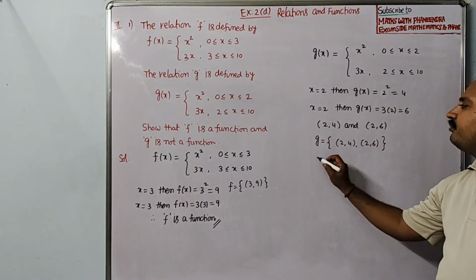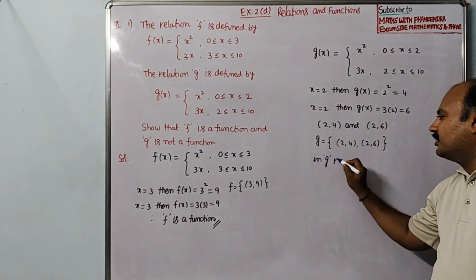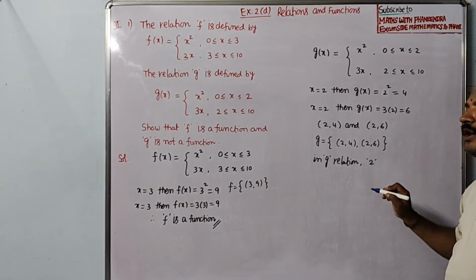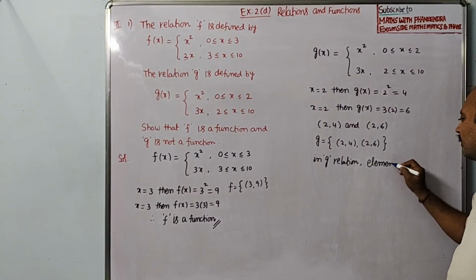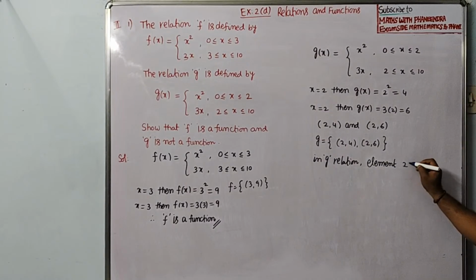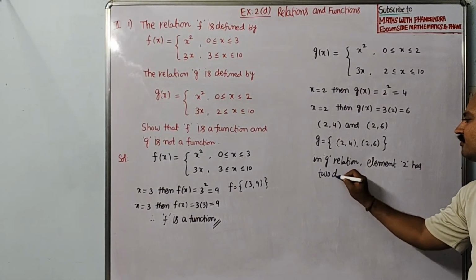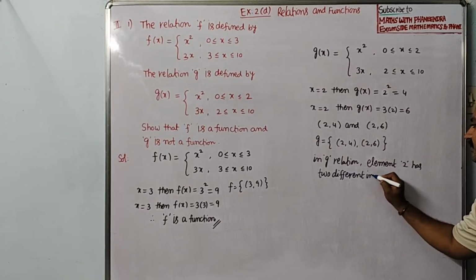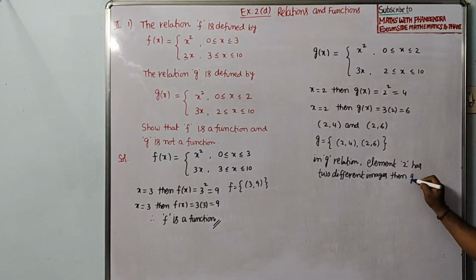But here in G relation, element 2 has two different images, then G is not a function.